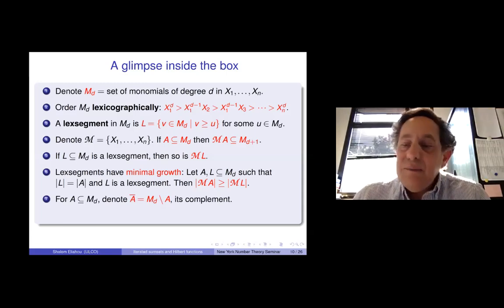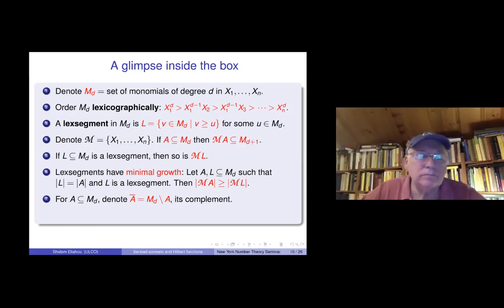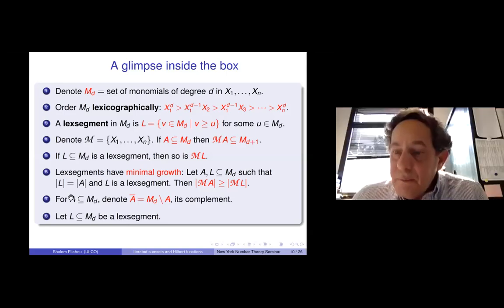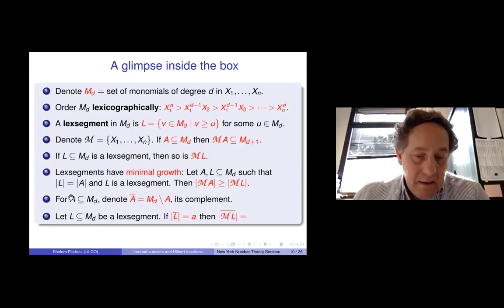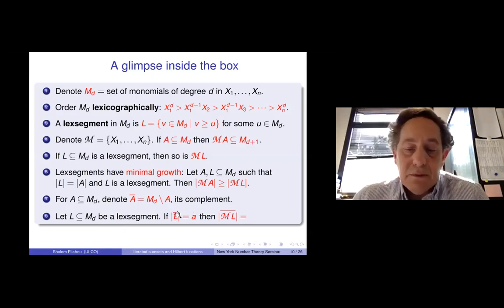And now let me introduce a notation. Take any bunch of monomials, and I denote A bar the complement. Now take a lex segment L, and take the complement. And count how many there are in the complement of the lex segment, and call that cardinality A. Now you multiply the lex segment by the variables.